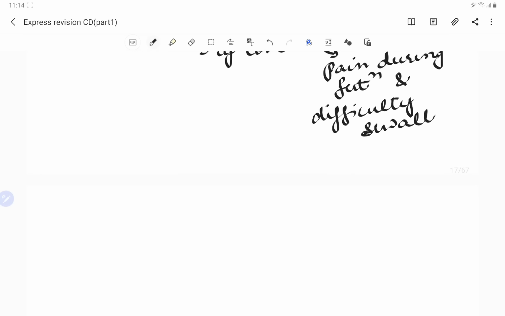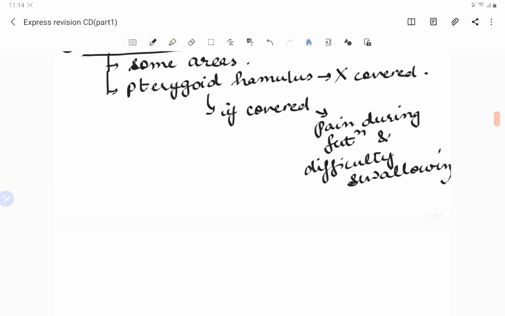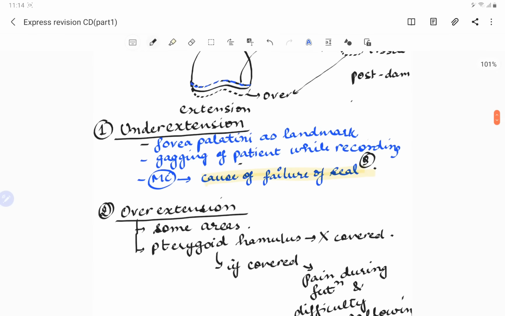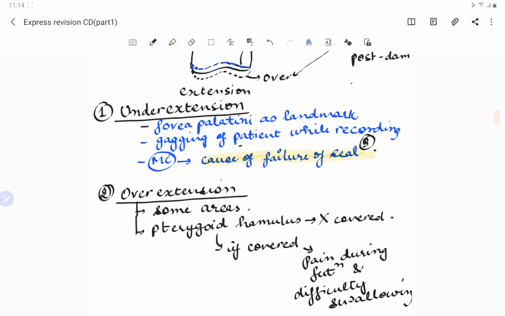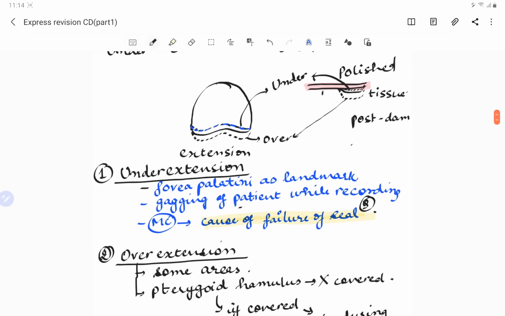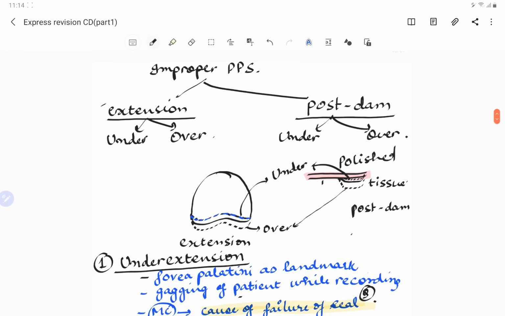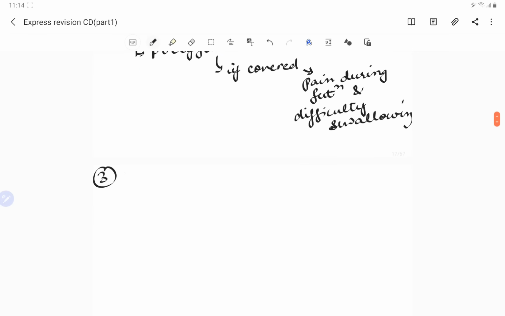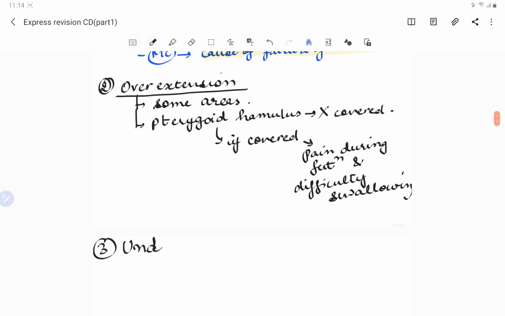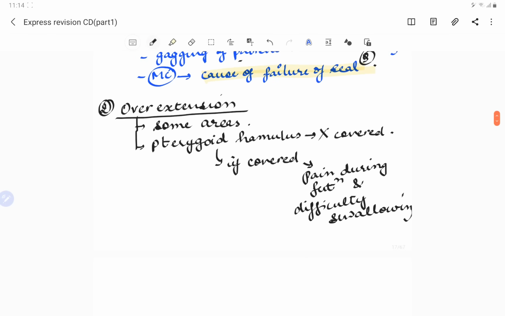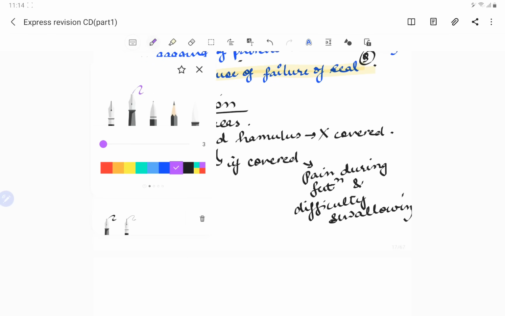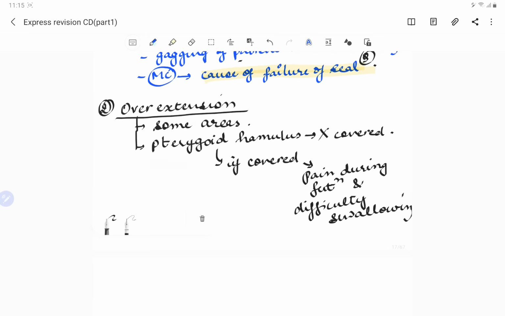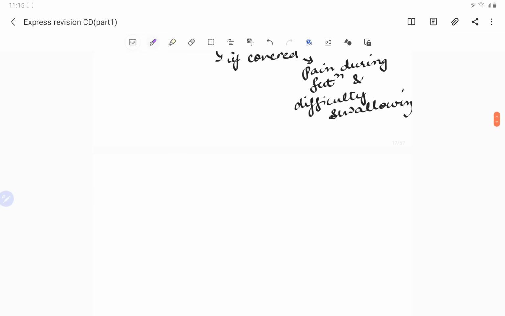Right. So there are two scenarios. One is when the denture is underextended, another is when the denture is overextended. So the extension part is done. Now talking about post damming.